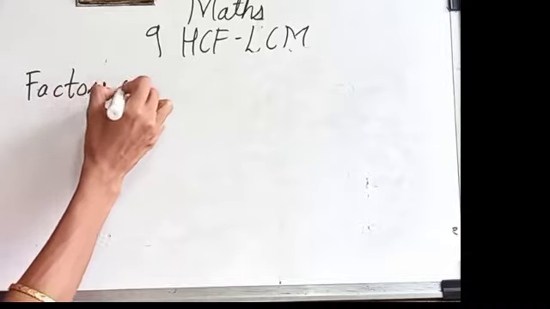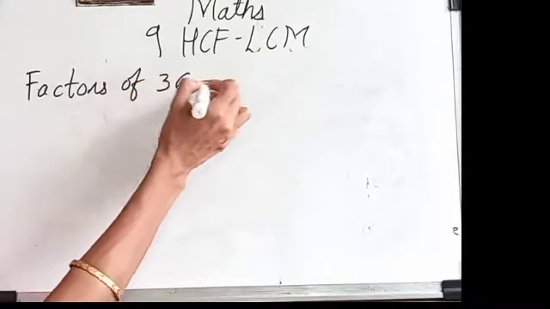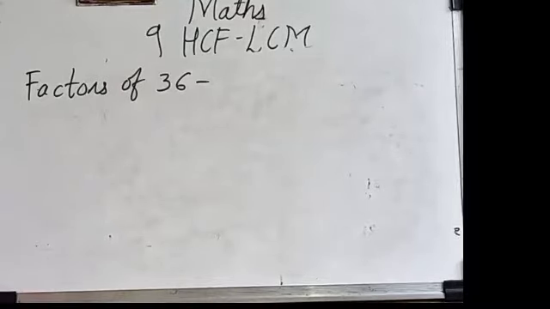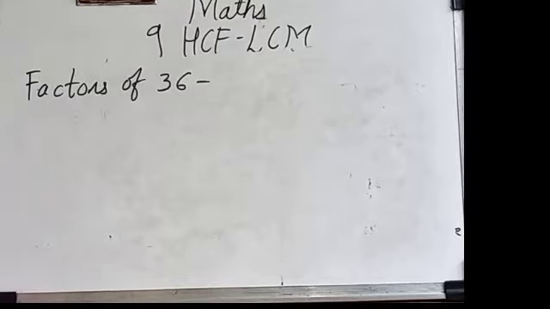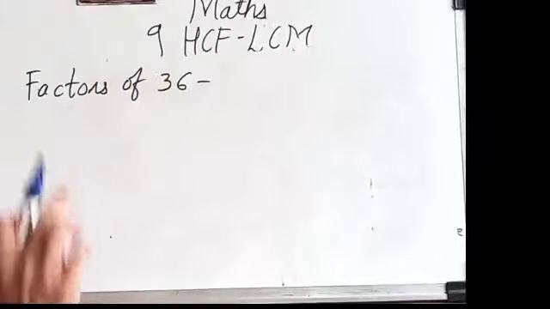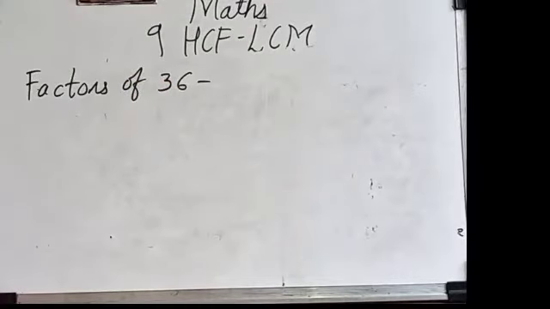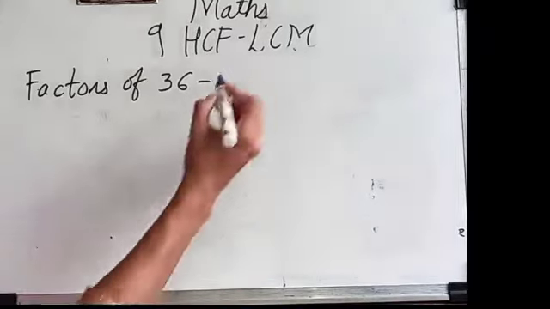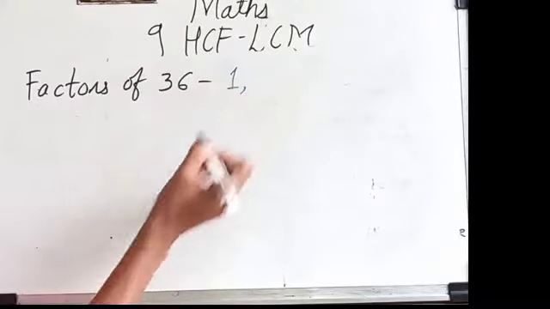I have taught you the divisibility tests of 2, 3, 4, 5, 9 and 10. By using those tests, you have to find whether 36 is divisible by that number or not. And one more thing to remember: when we write the factors, always don't forget to start with 1.